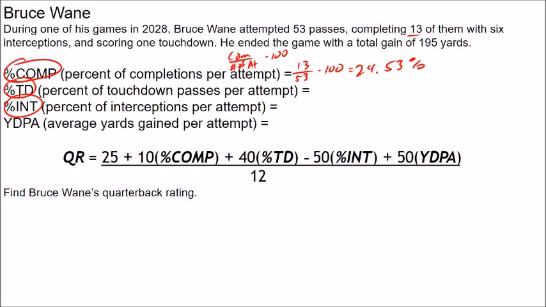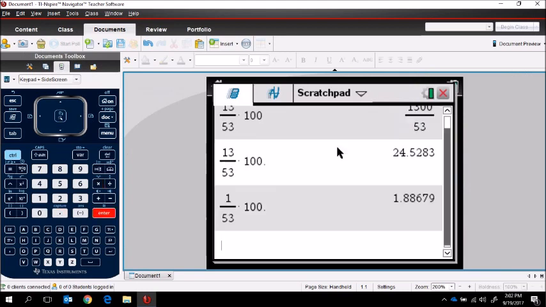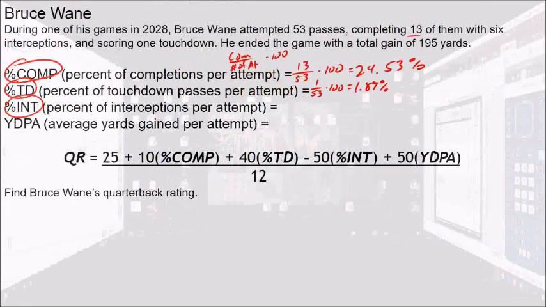The percent touchdowns, right? He made 1 touchdown out of a total of 53 attempts. Multiply that times 100. And we'll get 1.89, and that's as a percent. And again, just so you can see it on the calculator, 1 divided by 53 times 100, put a little decimal point after it, and there's our 1.89. Again, it's rounded to the second decimal place.